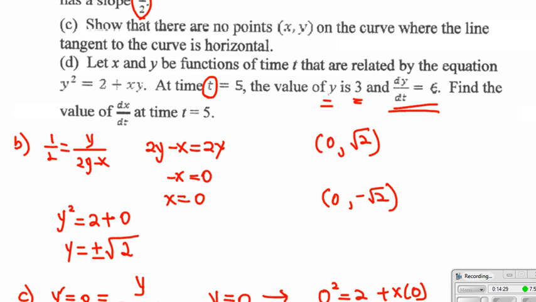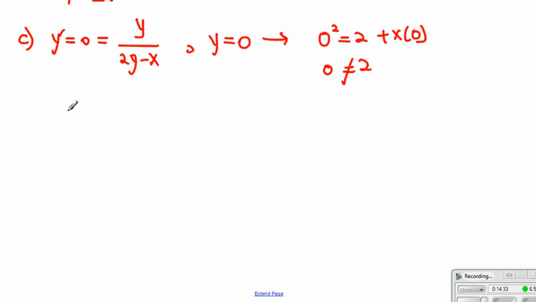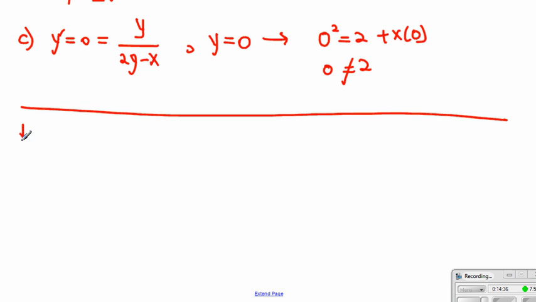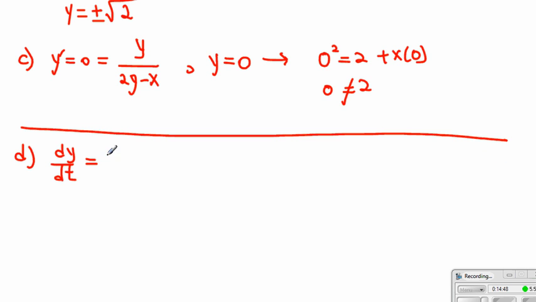One thing we realize is dy dt, in fact, is equal to 6. And then dx dt is what we would like to find out.